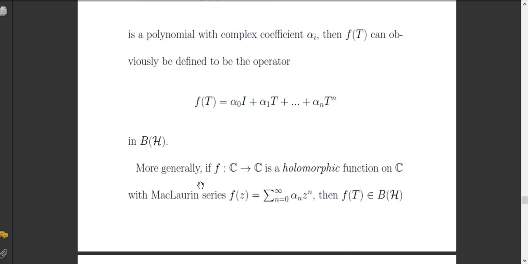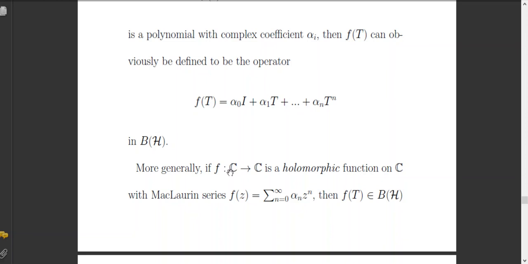Another example is, look at here, if f from complex numbers into complex numbers is a holomorphic function on C. I don't know if you are familiar with this notion of the holomorphic function from complex analysis or not, but quickly, when we say a function is holomorphic, it means this function in the neighborhood of every point is differentiable.